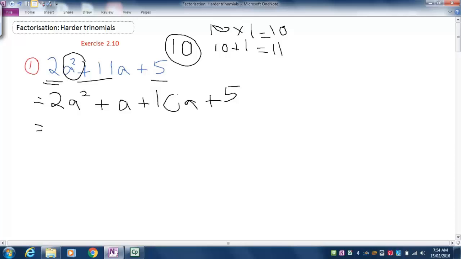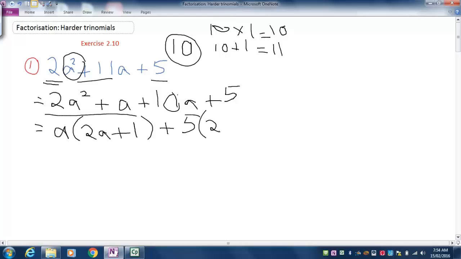So the highest common factor of 2a squared and a is a. Then in brackets I need 2a plus 1 to give me back those first two terms. Factorising 10a plus 5 gives me 5 outside of 2a plus 1.